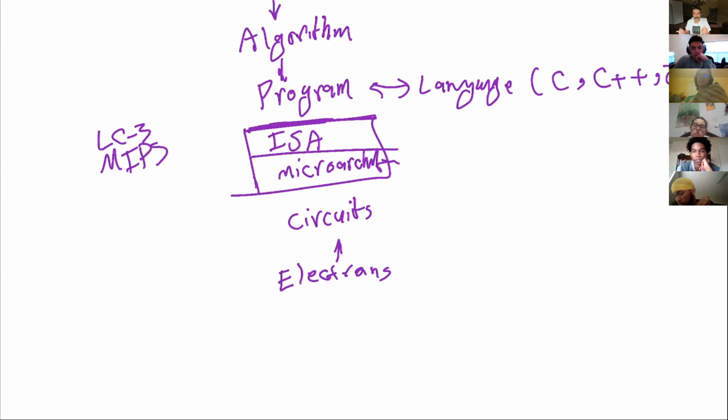Because we do not want to violate whatever is written in the ISA. But as long as you implement it correctly with the correct semantics, everything basically works. It doesn't really matter.